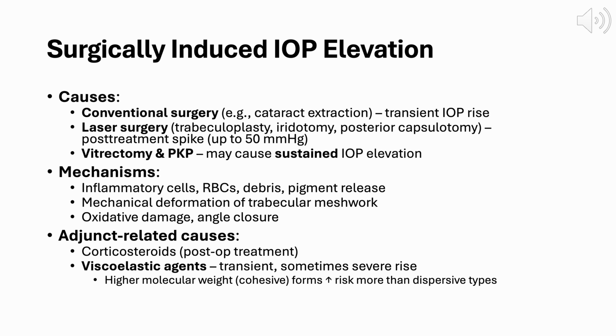More invasive surgeries, such as vitrectomy or PKP, may even result in sustained IOP elevation. The underlying mechanisms include the accumulation of inflammatory cells, red blood cells, debris, or pigment within the trabecular meshwork. Mechanical deformation of the meshwork itself, oxidative damage, and even angle closure can also play a role.